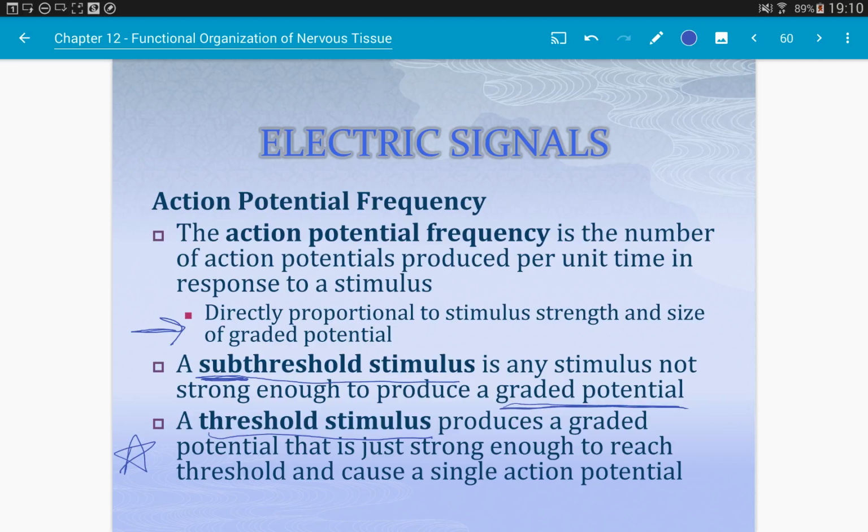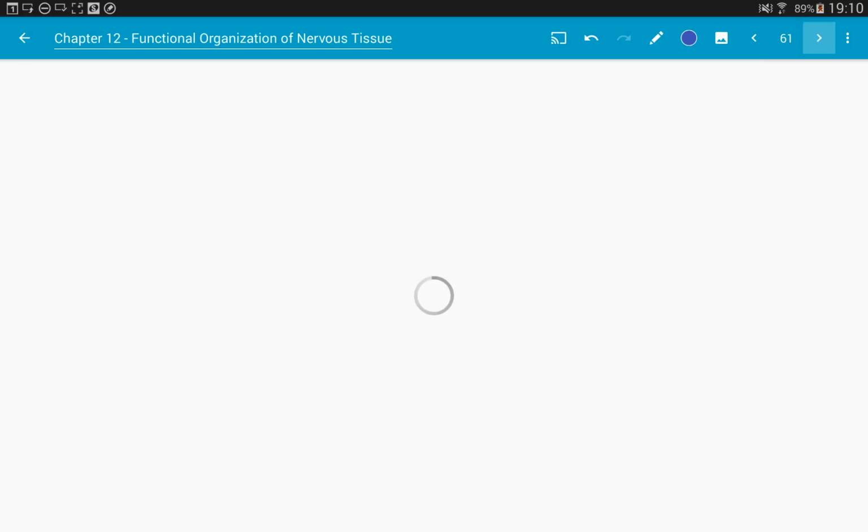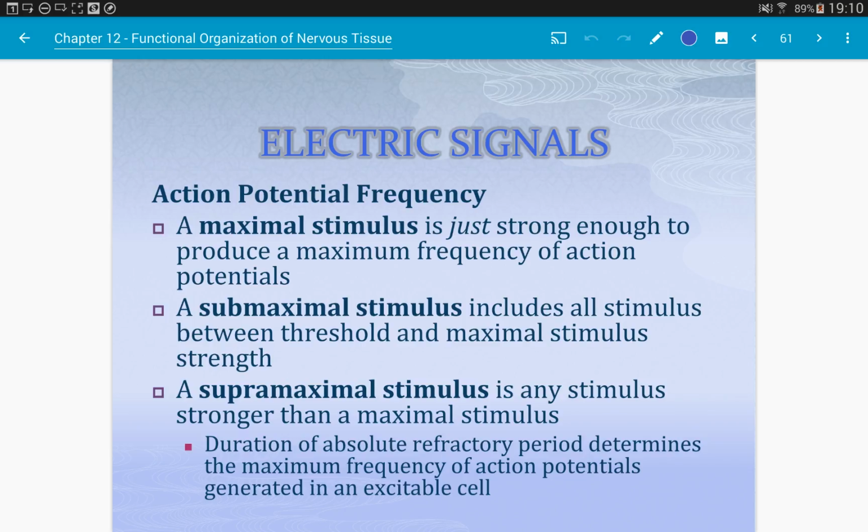If you don't reach threshold, what happens? You just have a graded potential which stays localized, remember? So localized, it can't spread very far. Action potentials can. Okay. Okay, so some more terminologies.